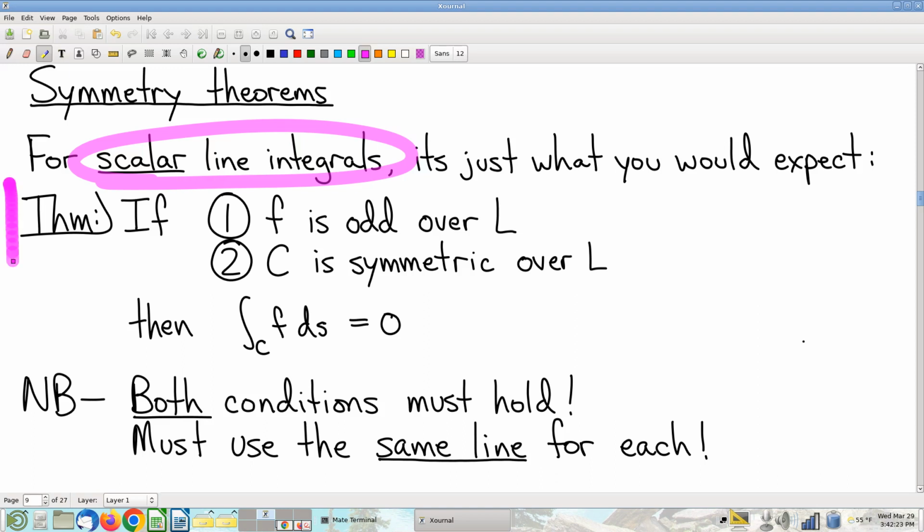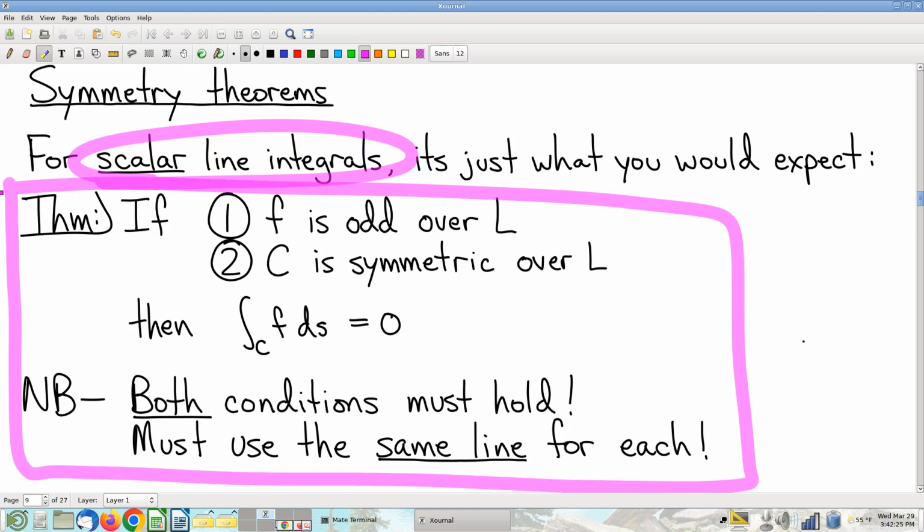You'll notice from the layout on the page, it looks just like our previous symmetry theorems for double integrals and triple integrals. Morally, this is the same thing. It's just like with those previous theorems. If your integrand is odd, if your domain is symmetric, your integral is 0. You're done, right?